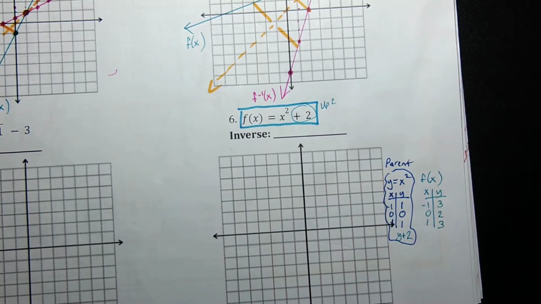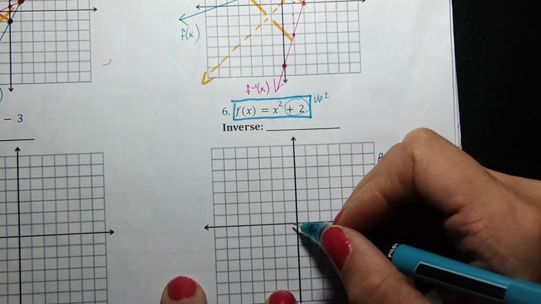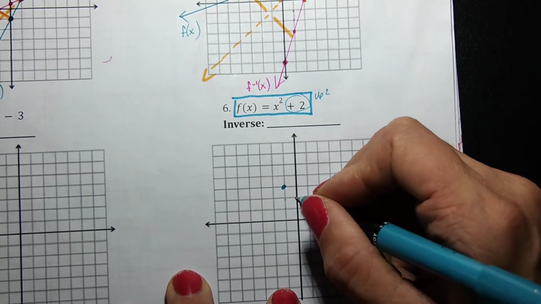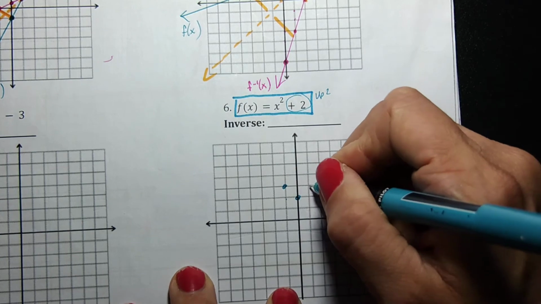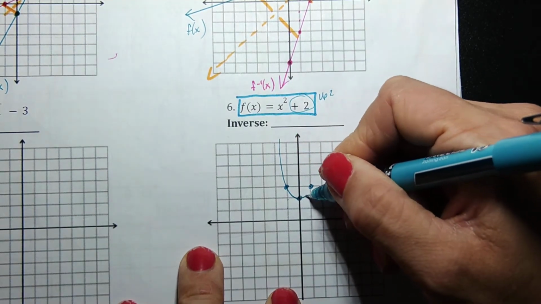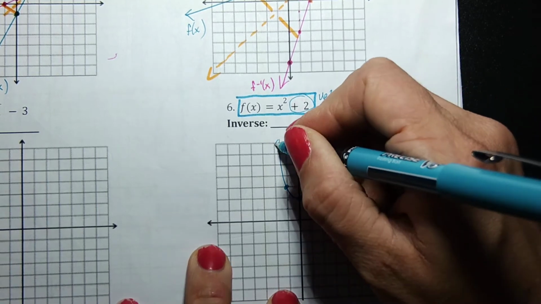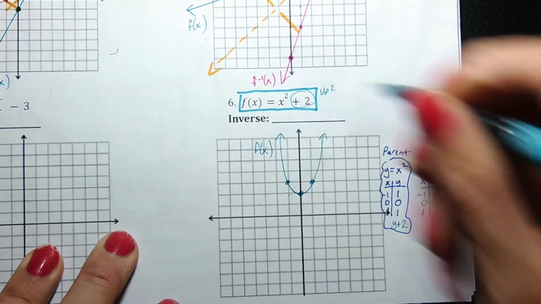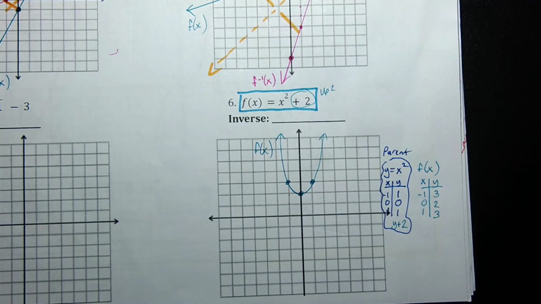And we use that to graph the original function. So let's plot those points. Backwards 1, up 1, 2, 3. 0, 2. 1, 3. Swoosh. And let's label that f of x because that is my original function.